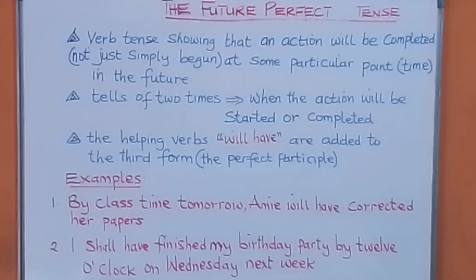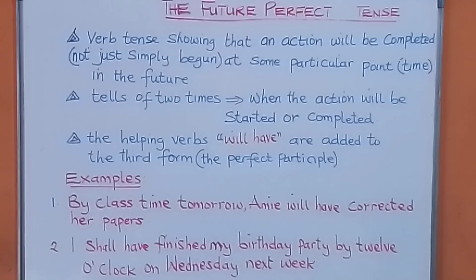I shall have finished my birthday party by 12 o'clock on Wednesday next week. By the 12th of next month, I shall have completed the assignment. By 6 o'clock tomorrow, I shall have traveled to Farafenni.